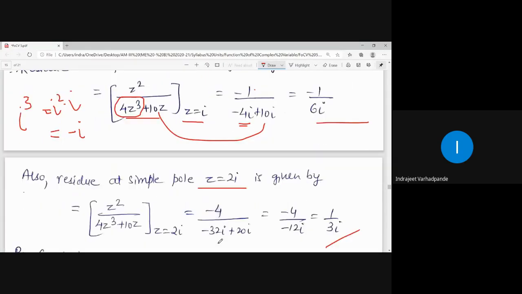Similarly, here also we try to find out the value. Sum of the residues, add them together, then multiply by 2 pi. Finished?